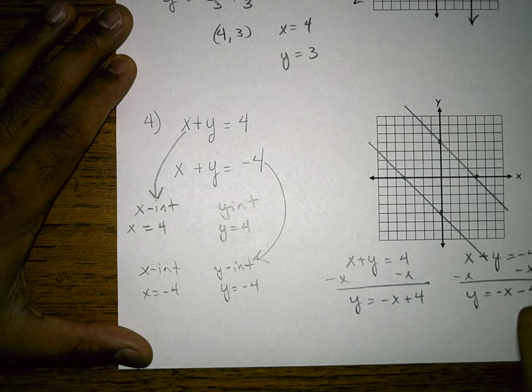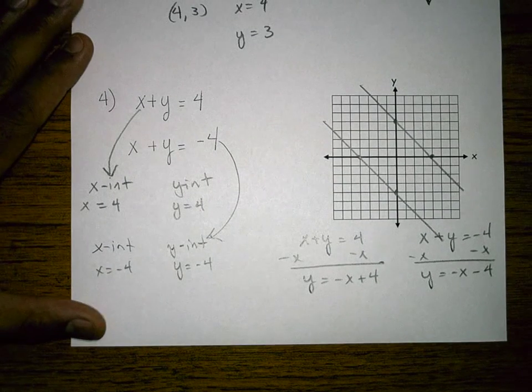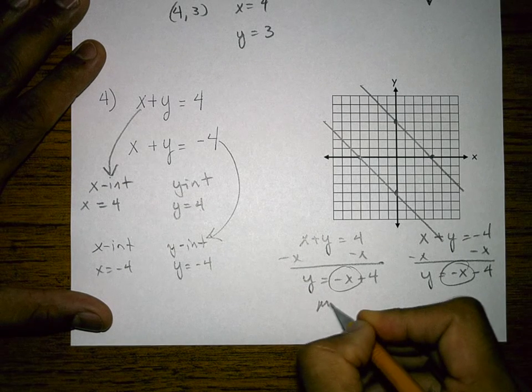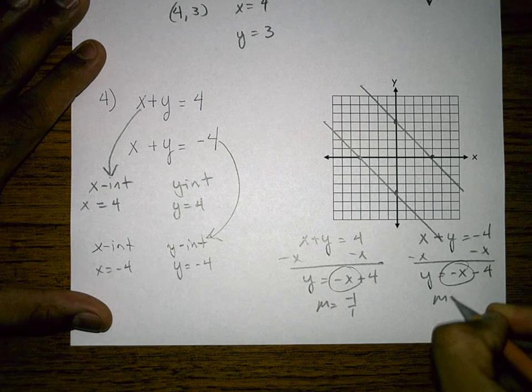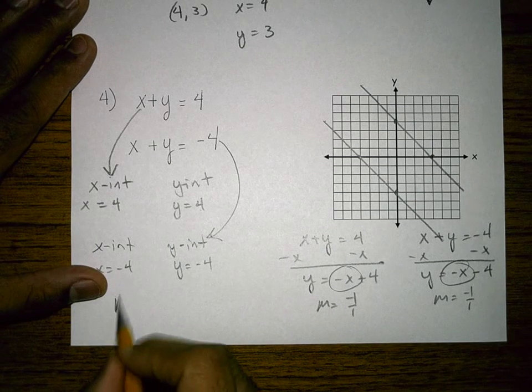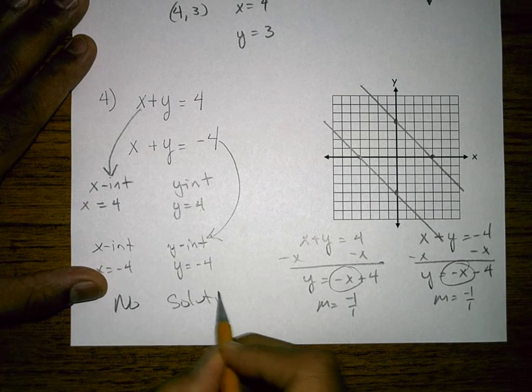And if you look at it, you go, hey, they both have the same slope. The m is -1/1 and -1/1. So they're parallel. So these ones don't cross. So this is no solution.